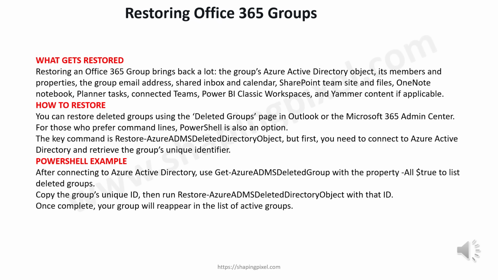After connecting to Azure Active Directory, use Get-AzureADMSDeletedGroup with the property -All $true to list deleted groups. Copy the group's unique ID, then run Restore-AzureADMSDeletedDirectoryObject with that ID. Once complete, your group will reappear in the list of active groups.